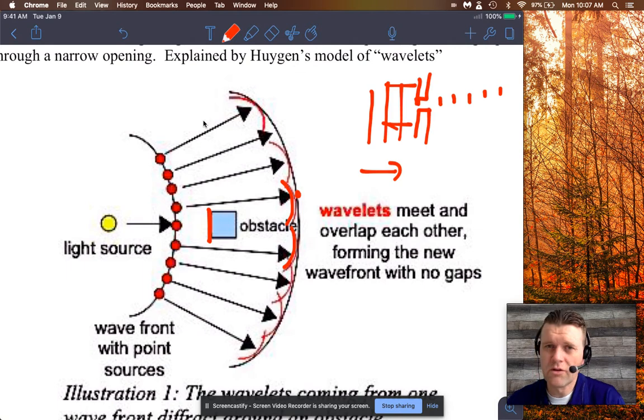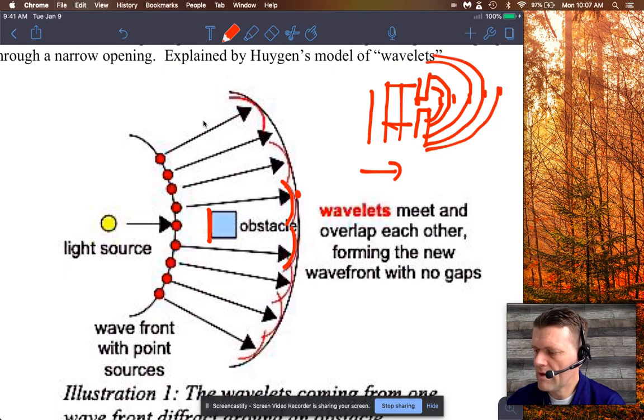And what you observe with waves is that the waves will bend around the opening. So you'll get circular wave fronts where those little parts that continued through are just going to be part of a new wave front, with circular waves emanating from the opening.